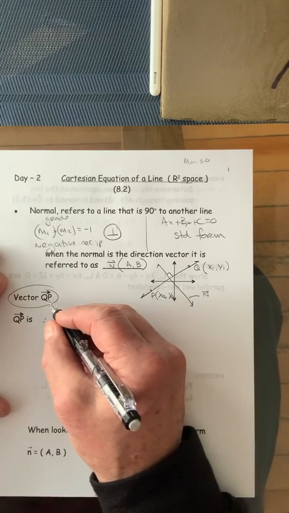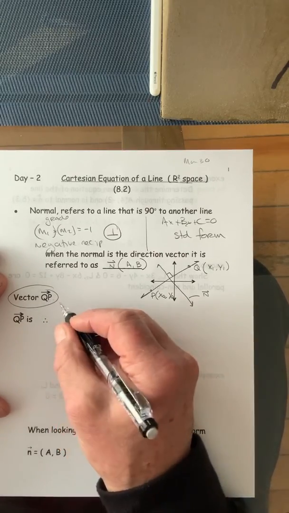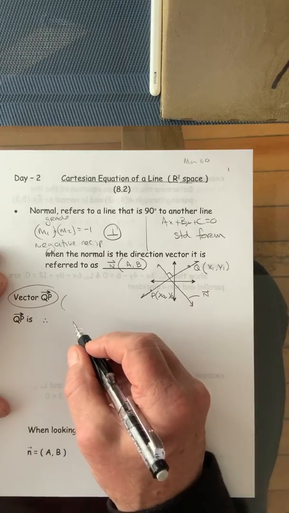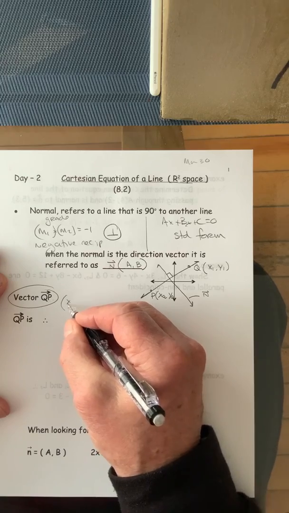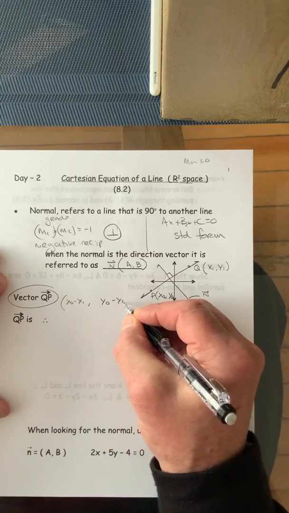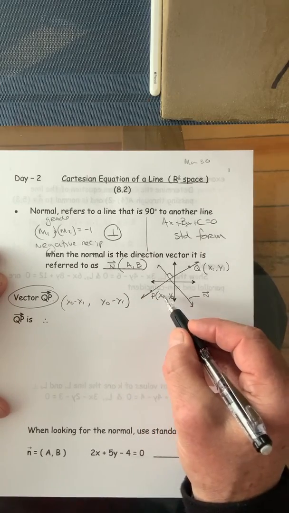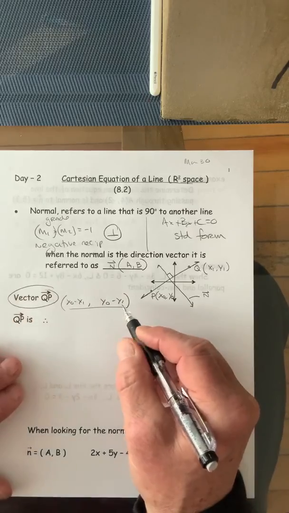But for right now, we need the components for vector QP. From Q to P, I will get x aught minus x1, y aught minus y1. Hopefully most of you are okay with this.